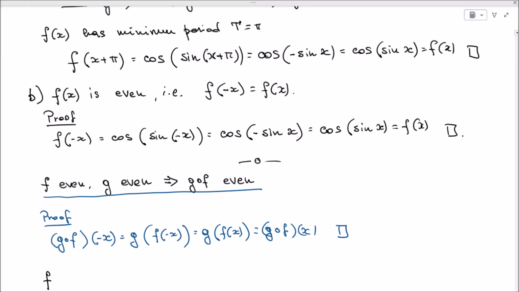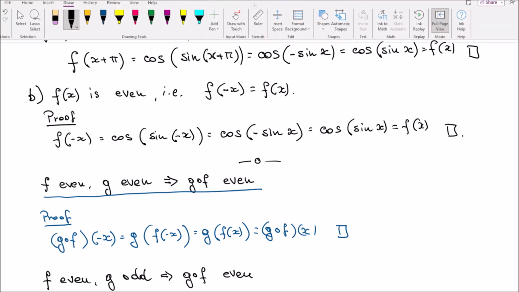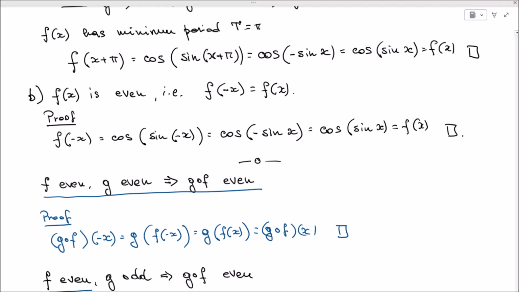What if f is even and g is odd? Well, we can conclude that g compound f is even again. Let's prove this other statement.